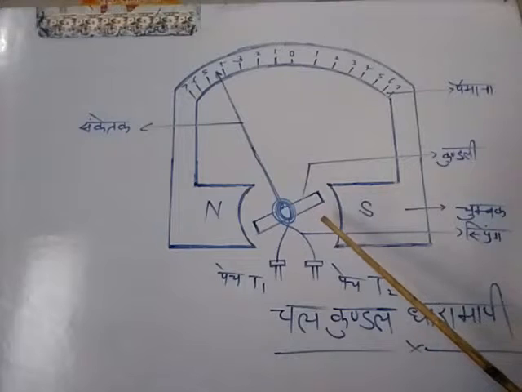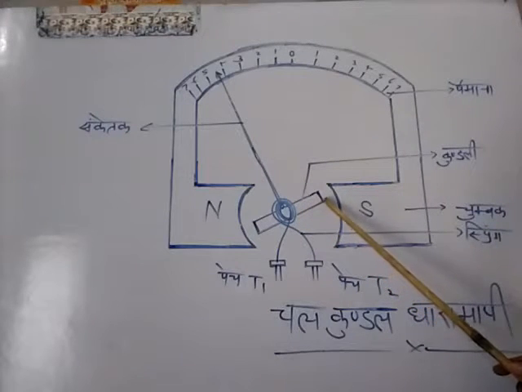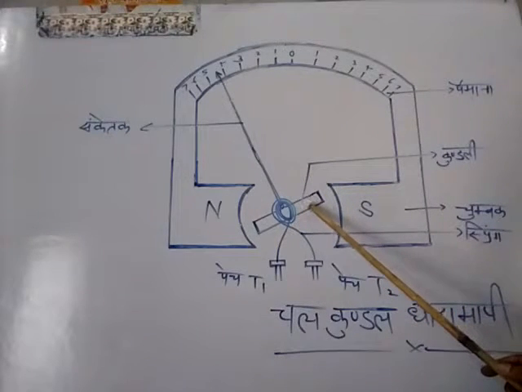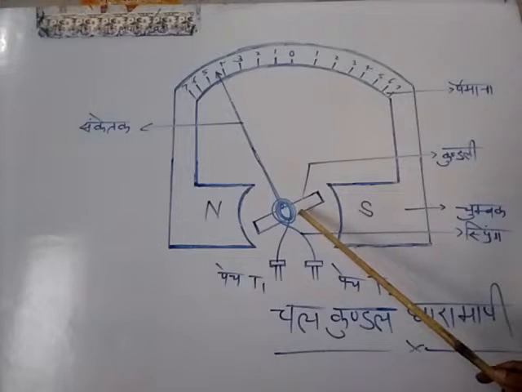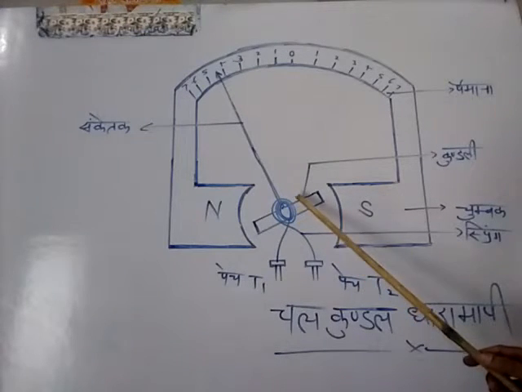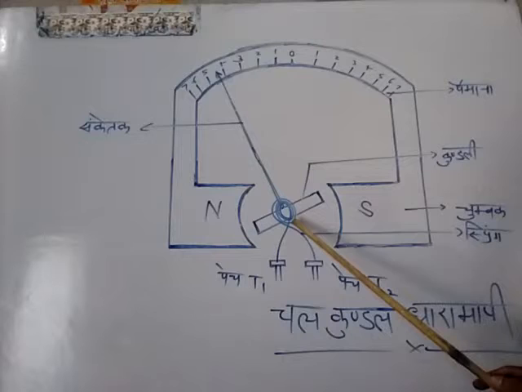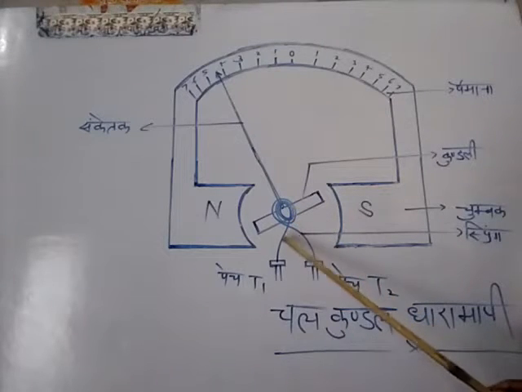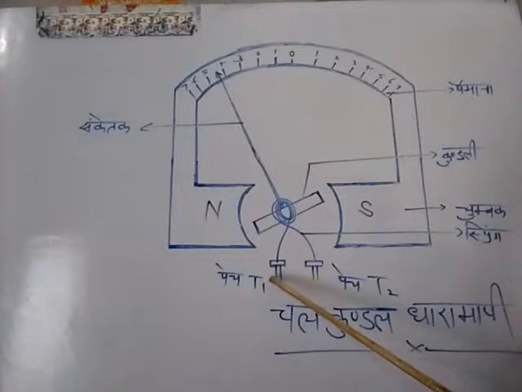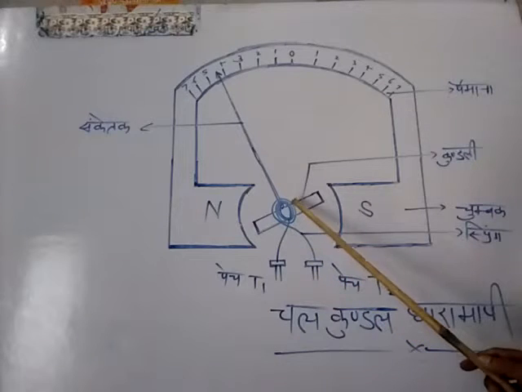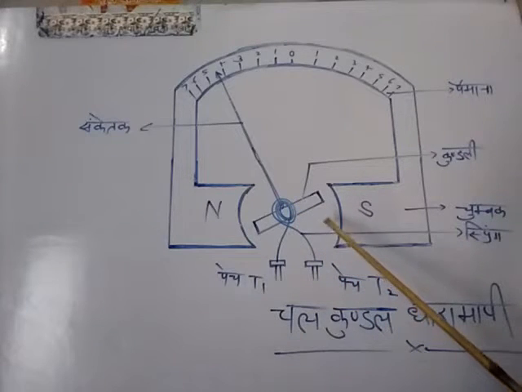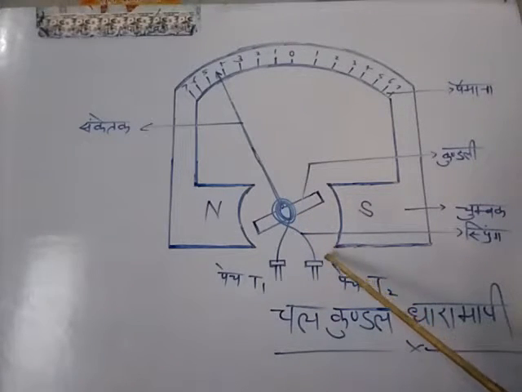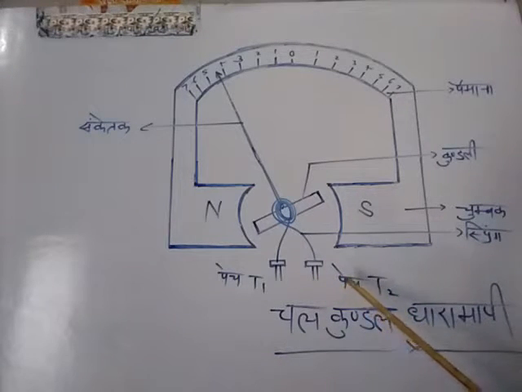The spring, a flexible spring, is wound on the coil also. One end of the spring is connected to the terminal T1 and the other end of the spring is connected to the terminal T2.